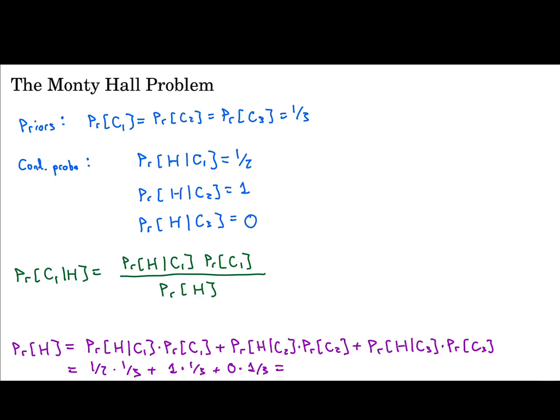And so if you add this up, you will get a half here. And so now we can go back and substitute. So h given c1 is half. The probability of c1 happening is 1/3. And we divide this by half. And so the probability of it being there is going to be equal to 1/3.